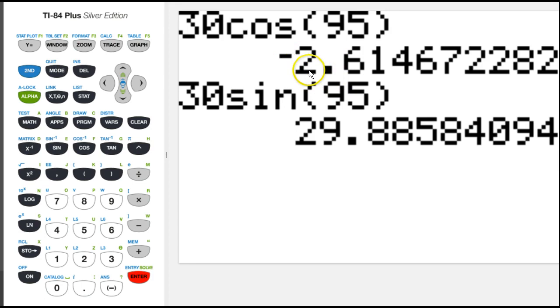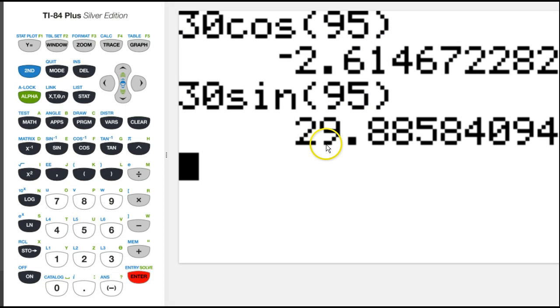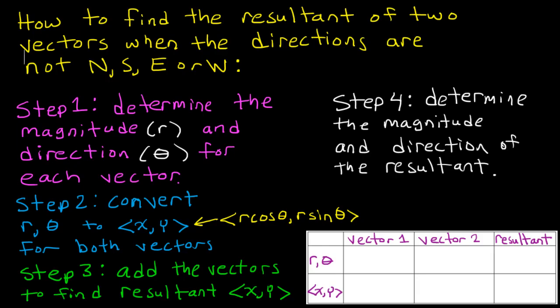We get negative 2.61 and 29.89. Alright, that's it for step 2. We converted the magnitude and direction to component form.